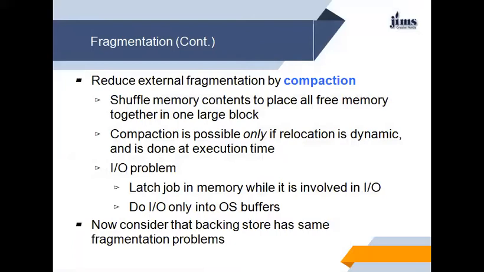Compaction is possible only if relocation is dynamic. If relocation is static, it is not possible, and it is done at execution time. So compaction collects all the free spaces and puts them in one place, and it is possible only when the relocation is dynamic.